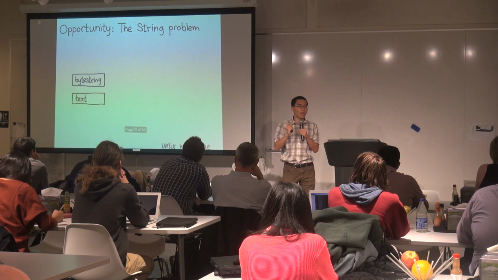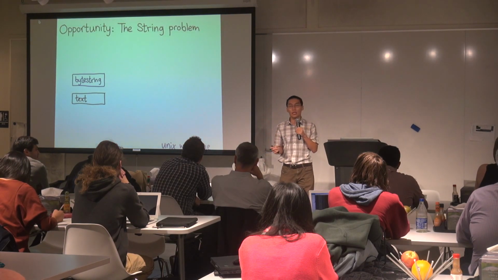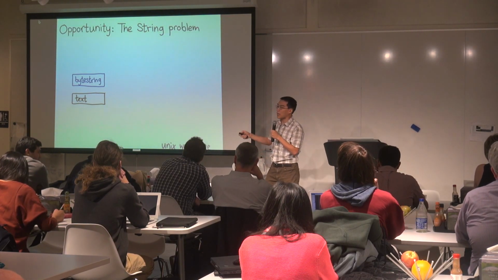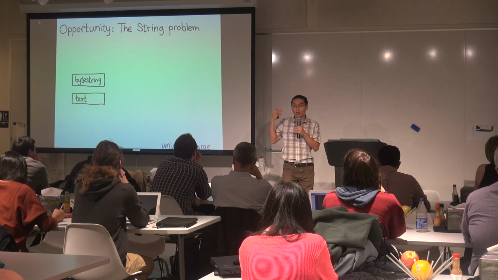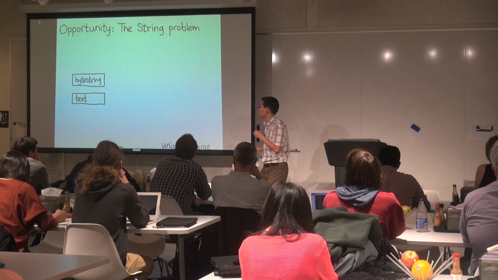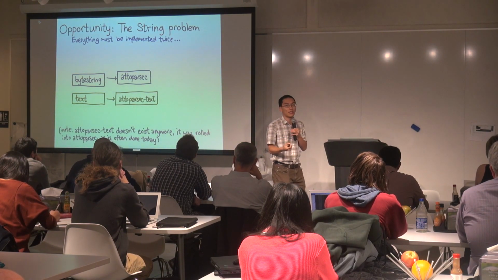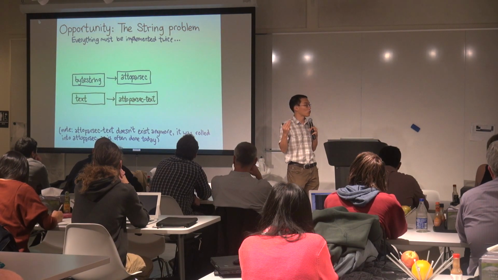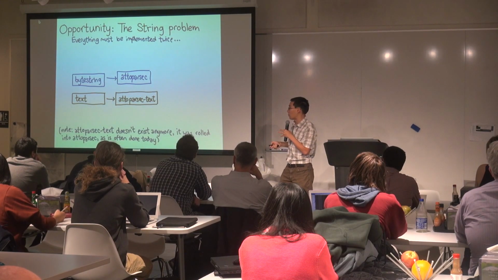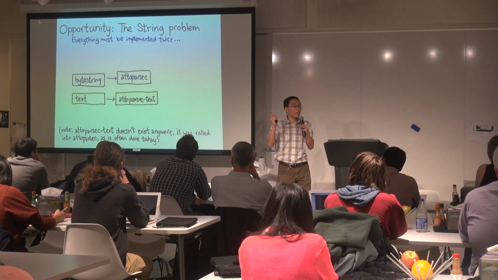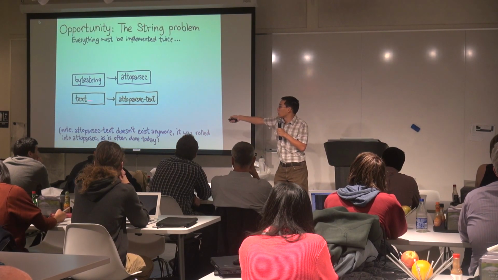Okay, so let's look at this problem more broadly. The broader problem with strings in Haskell is that you've got these two packages, ByteString and Text, which have different representations and different trade-offs about what you want your strings to represent. When you want to write a library that gives some sort of generalized string processing functionality, for example attoparsec as a great example, you have to write the package twice, once for the ByteString version and once for the Text version.